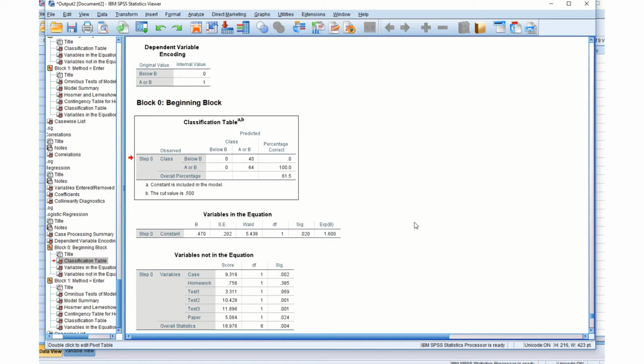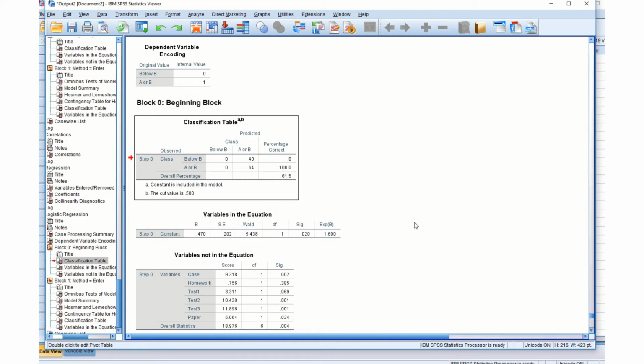But this box here, the classification table, says that if I took my 104 respondents and put them all in one box, so I said all of them are A's or B's, then I would have been correct 61% of the time. It's because 61.5% of the respondents were A-B's. So at the very worst, the absolute very worst, I should be able to predict 61% of these cases.